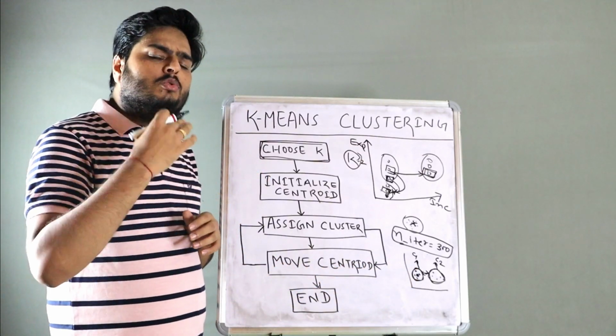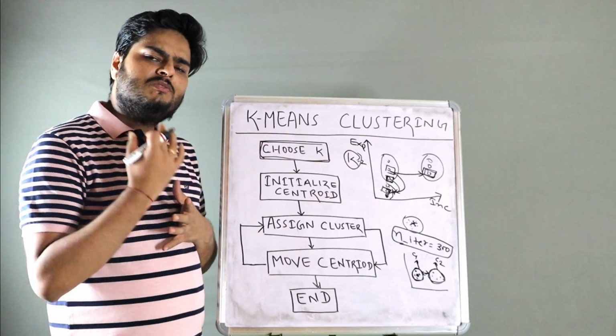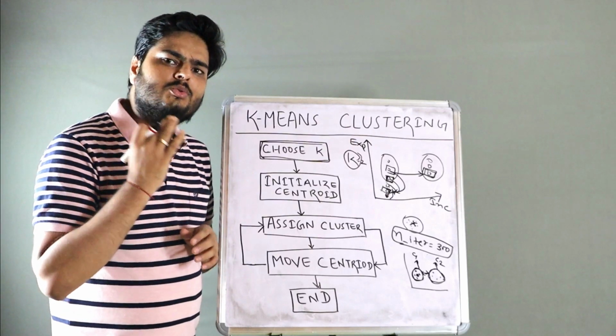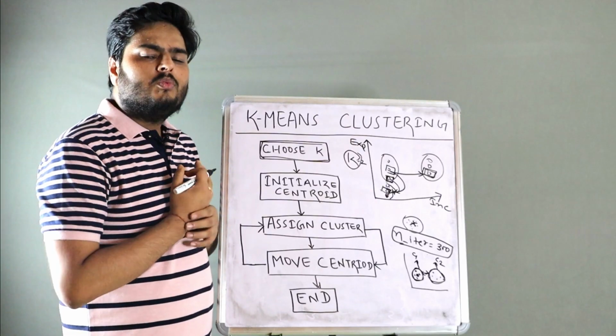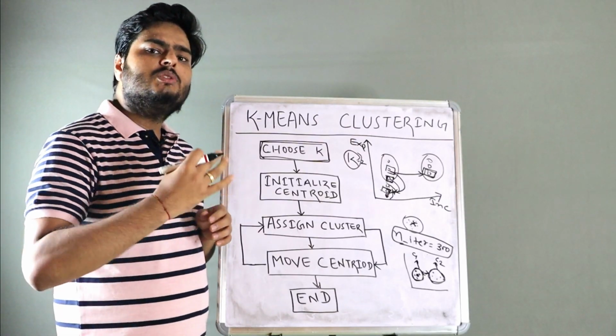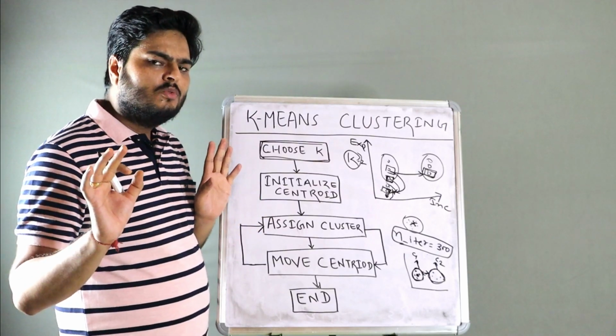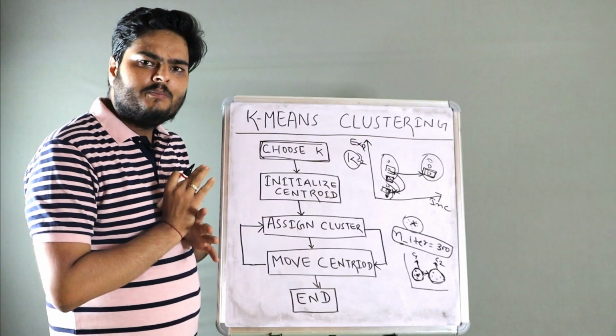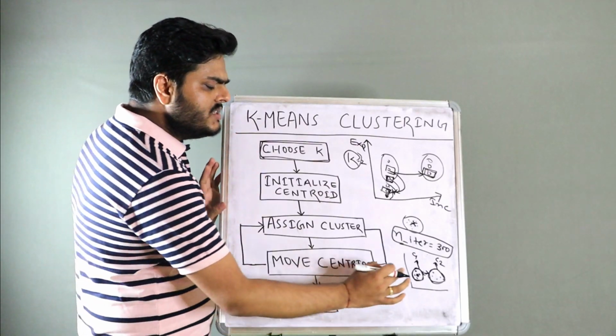Now to choose k, one method that is very popular and everybody talks about is known as the elbow method. Since we don't know what our optimal k is, whether it is 2, 3, 4, 5, 6, what we do is we roughly take a range of, let's say, 1 to 10, and we see what the inertia is.